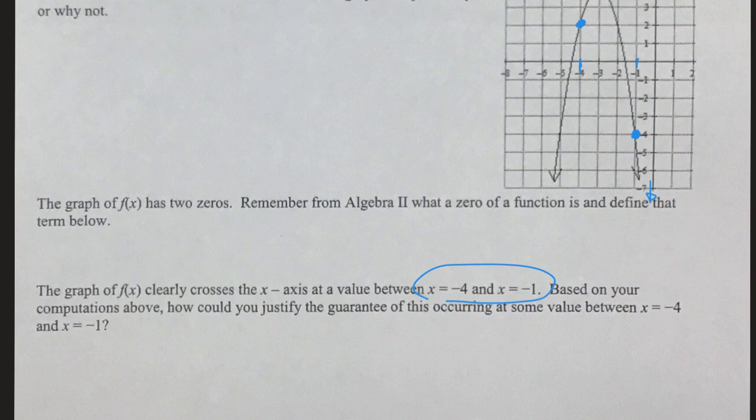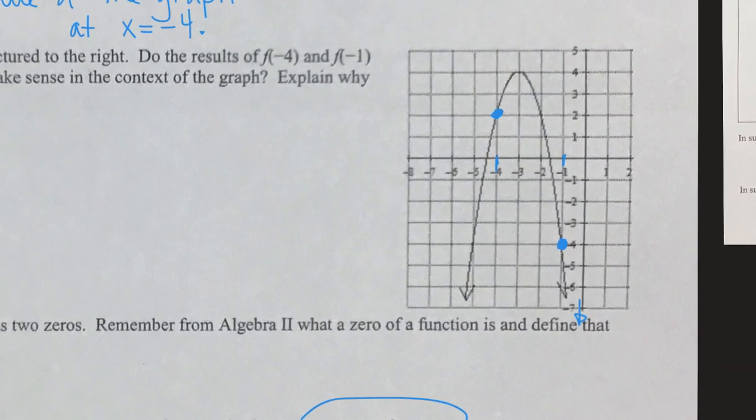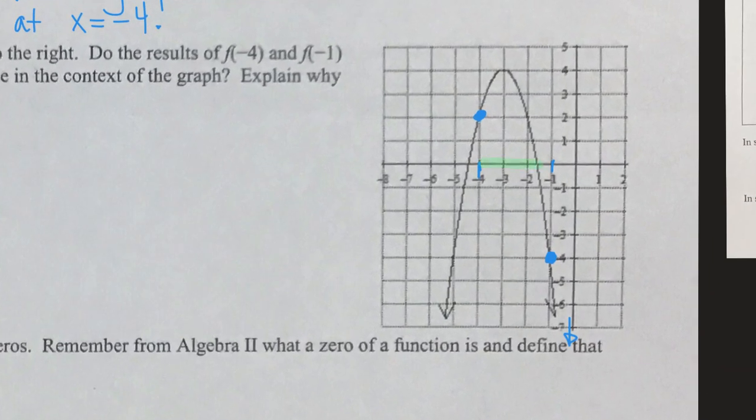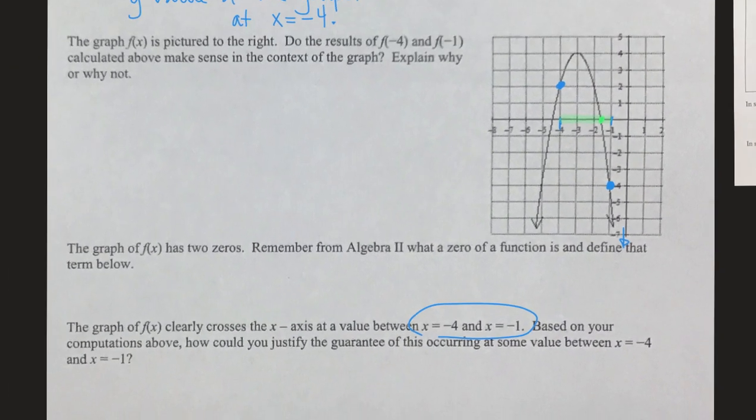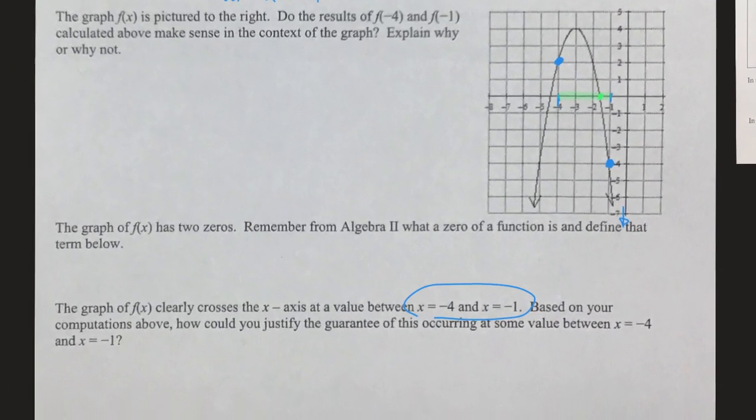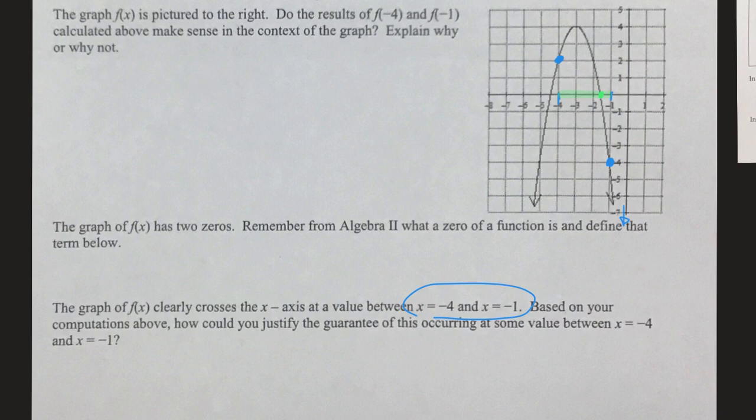Yes, it does. That's just saying, look between -4 and -1, and you see that the graph crosses the x-axis, somewhere right there at that point. So based on your computations above, how could you justify the guarantee of this occurrence?